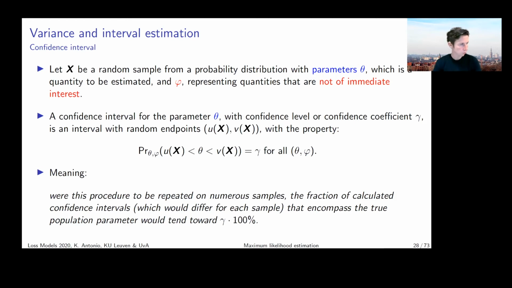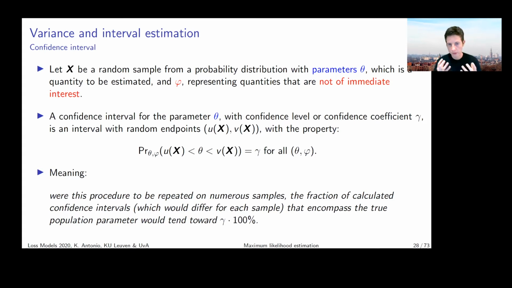If we then write down a confidence interval for the parameter theta with a certain confidence level gamma, say for instance 95%, what we're then looking for is to put together an interval with random endpoints. So the endpoints should be a function of the random vector x, such that the following property holds. So the probability under the assumed model that theta is within these endpoints should be equal to the gamma level, the 95%, for example.